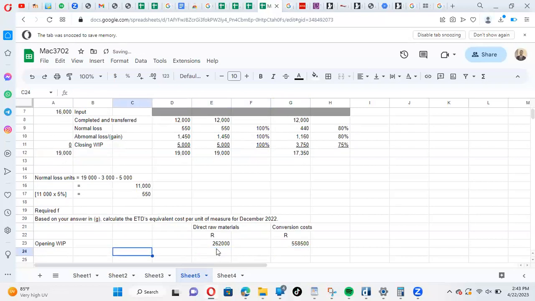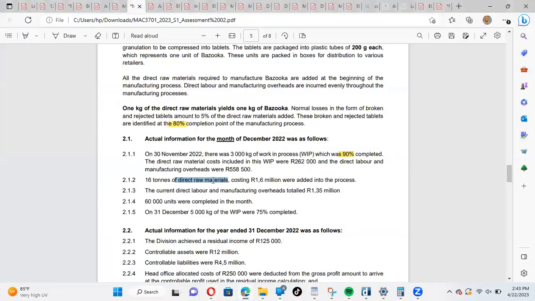And then again, on the current production, this is also given, right? You can basically see raw materials is 1.6, and that one there is 1.35.